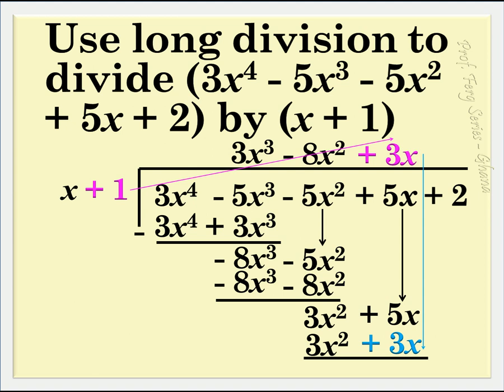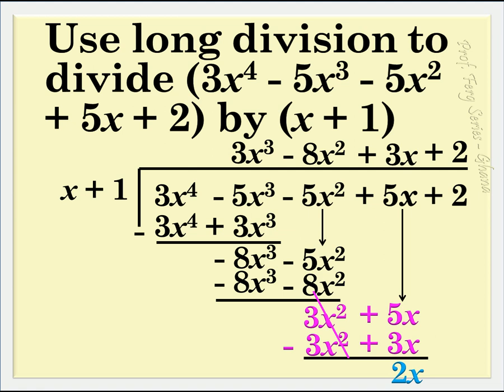And plus 1 times plus 3x also gives us plus 3x. Write down the plus 3x and subtract. To subtract, 3x^2 cancelled, and 5x minus 3x gives us 2x. So, write down the 2x.